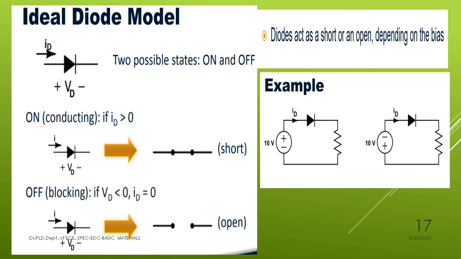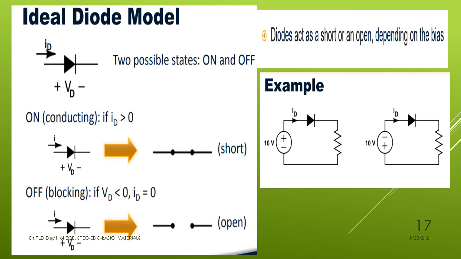depending on the bias condition. If the diode is in forward bias, it acts as a short circuit. If the diode is in reverse bias, it acts as an open circuit. If the diode is in forward bias, we consider it a short circuit or a closed switch. If the diode is in reverse bias, we consider it as an open switch.